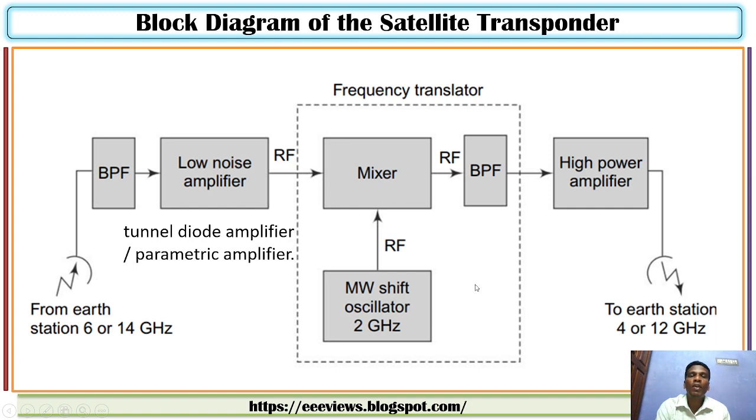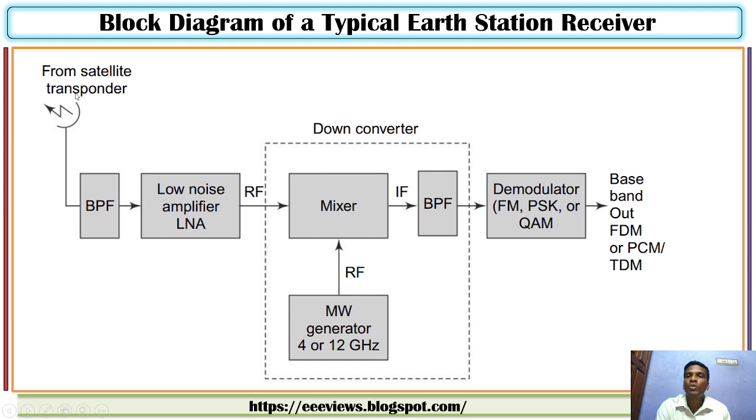Then we discuss what is happening in the earth station. From the satellite we are receiving the signal, which will again be weak, so we need to amplify it using a low noise amplifier. Then we need to demodulate, so the radio frequency should be converted into IF, intermediate frequency.